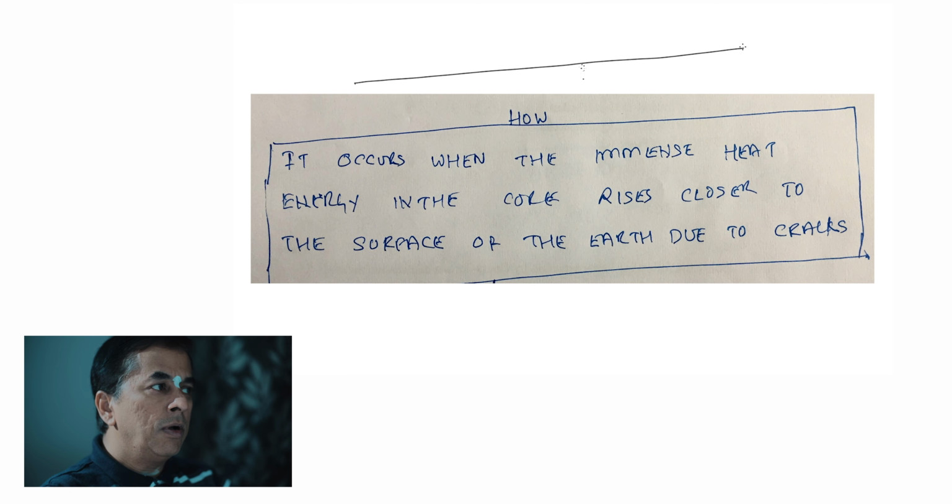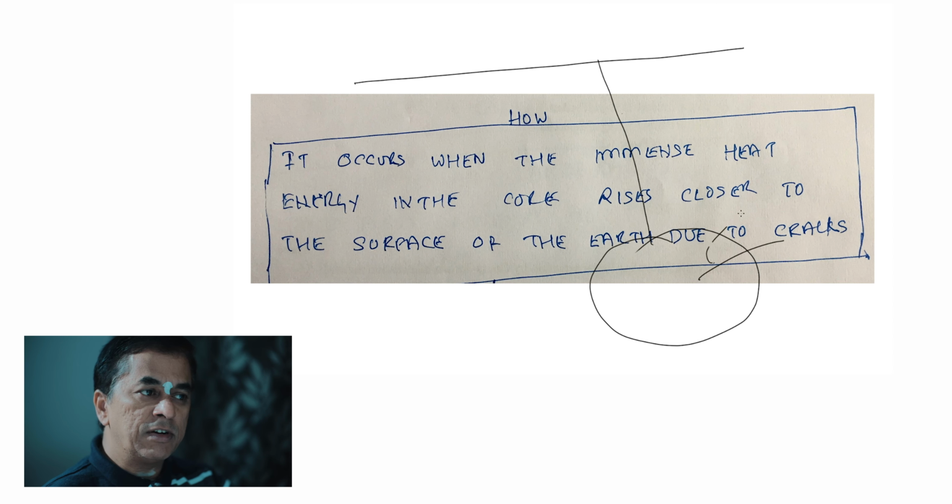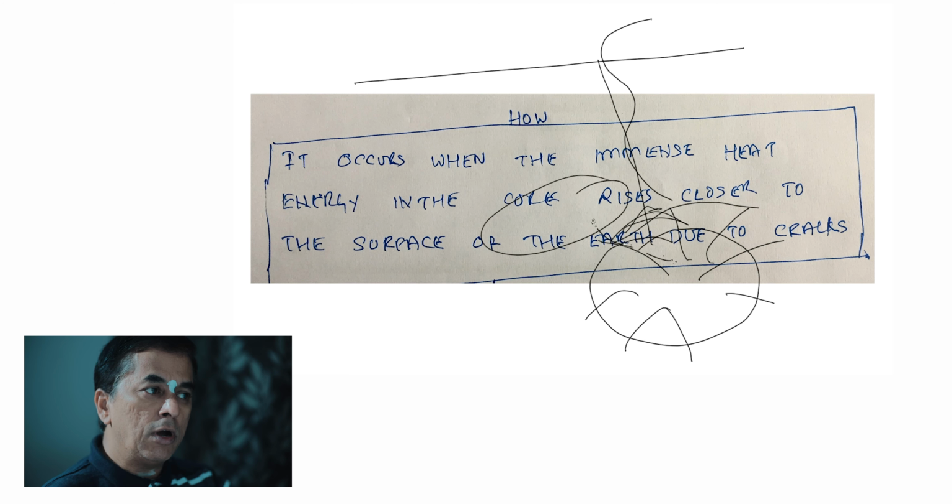So this is the earth's surface, and below this, as we go several kilometers deep, we have a source of heat or energy, and this energy is transmitted to the nearby material, and this material may melt and come out, or it may cause a water body to take this heat and come out in the form of steam or hot water.